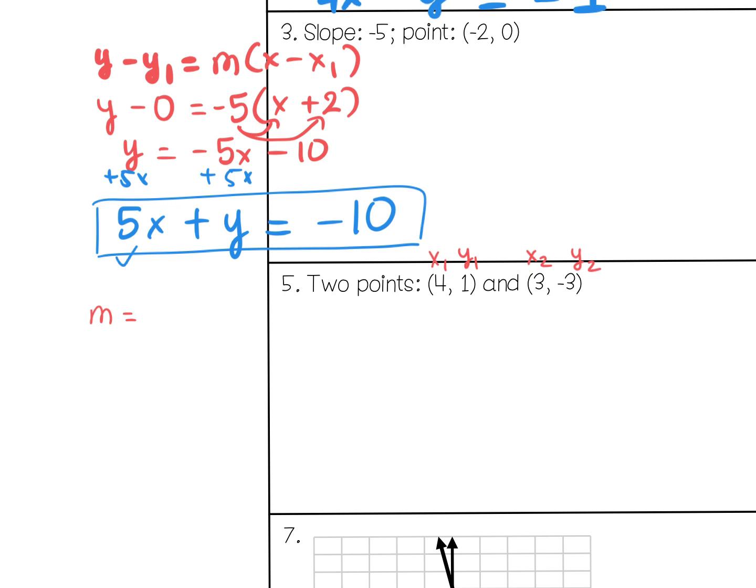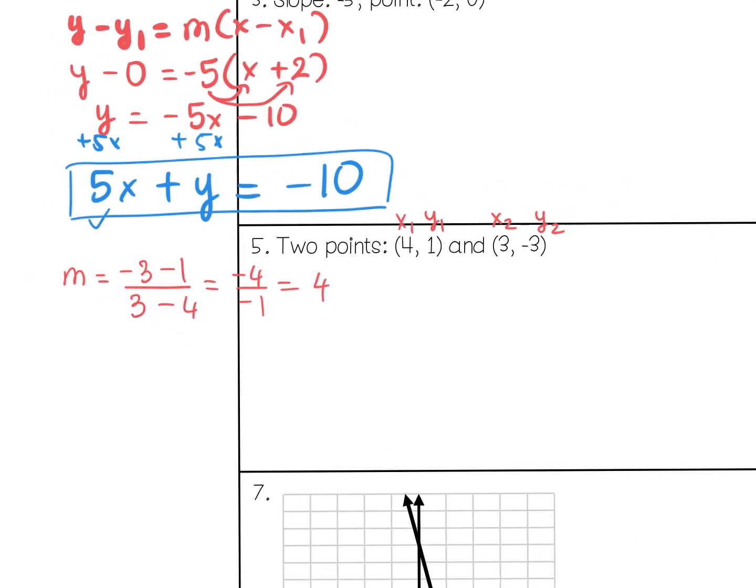So y2 minus y1, I have negative 3 minus 1. x2 minus x1, 3 minus 4. I will have negative 4 over negative 1, which is 4. So slope is 4.